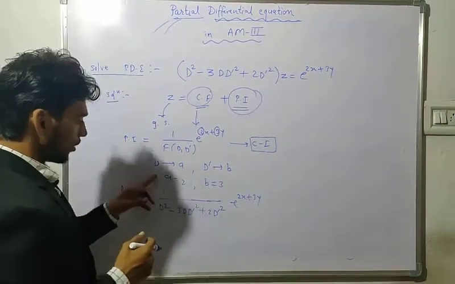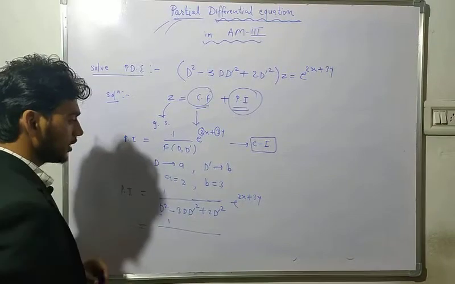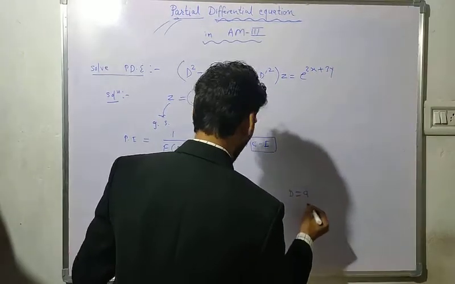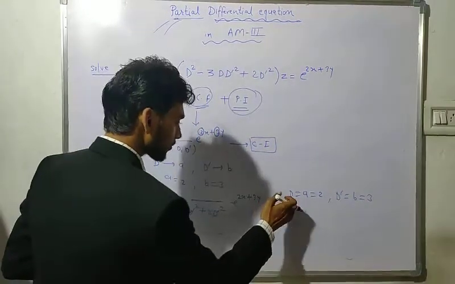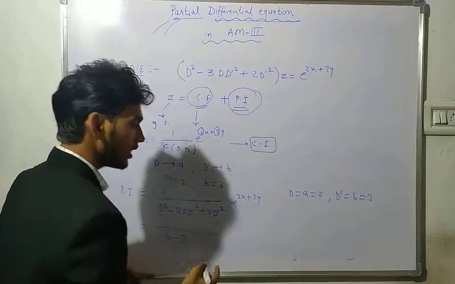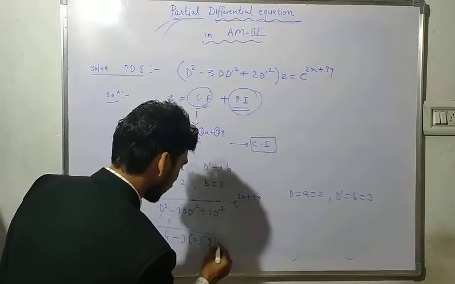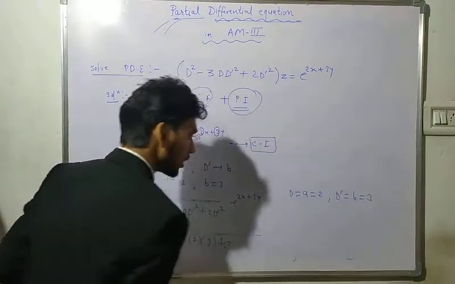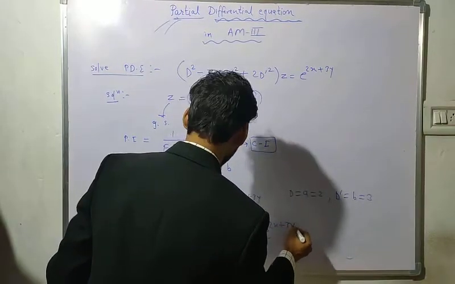So here we have to replace D by a, so D equal to a equal to 2 and D' equal to b equal to 3. So here D squared means 4, minus 3 times D, which is 2, times D', which is 3, plus 2 into D' squared, which is 9, into e to the power 2x plus 3y.